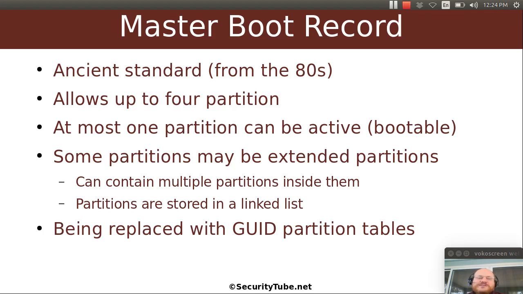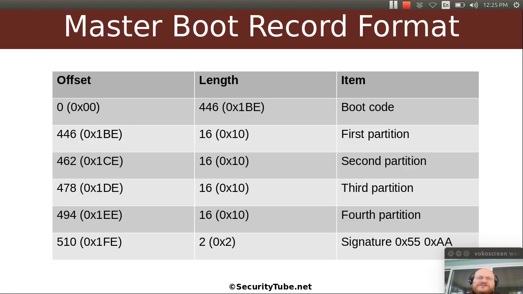That's the globally unique ID for that partition. It's set up so that you can have these unique IDs for all of your partitions, and you can store lots and lots of partitions on your disk. And we'll talk more about that in a future video as well. For today, we want to keep it simple and talk about the good old MBR.